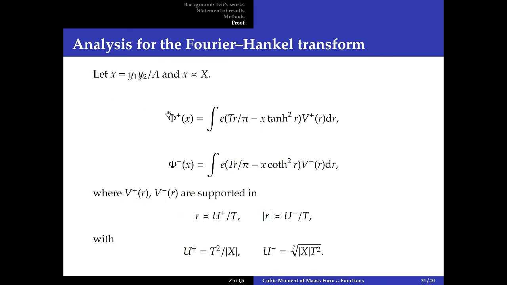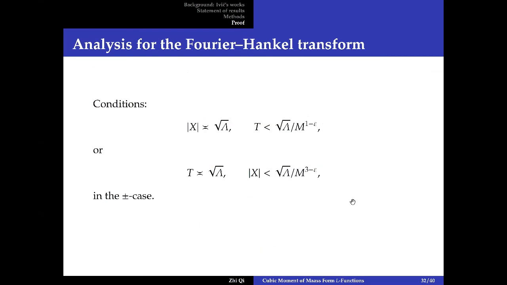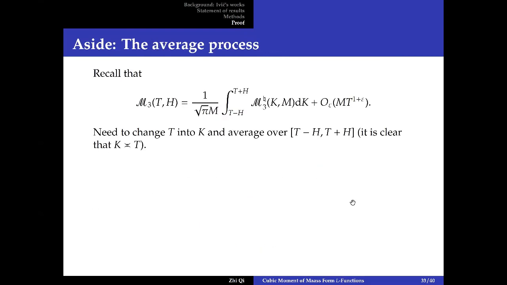So it turns out to be these phi plus and phi minus integrals. And now I'm going to say a little bit about the unsmoothing process. If you recall, what you need to do is replace this capital T by capital K, and then average this K over T minus H and T plus H. This is what we had in the unsmoothing lemma.